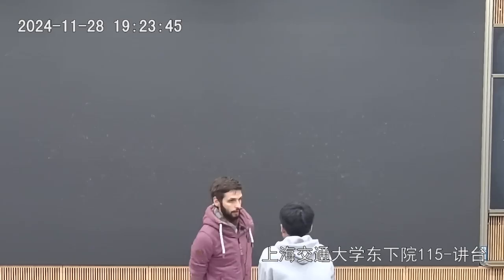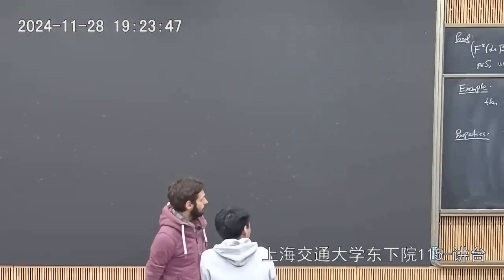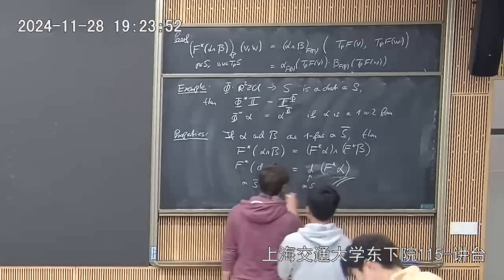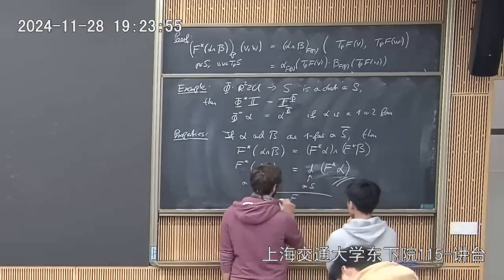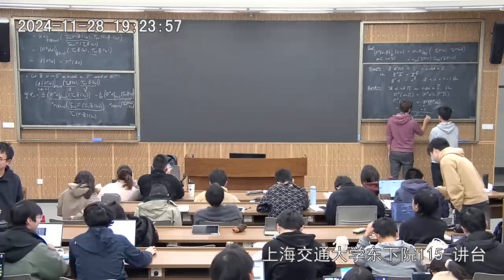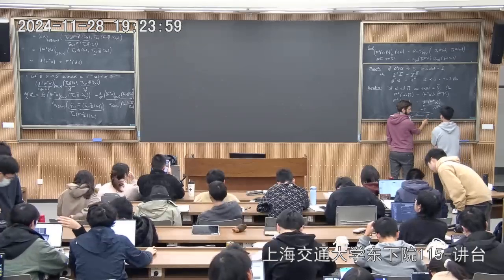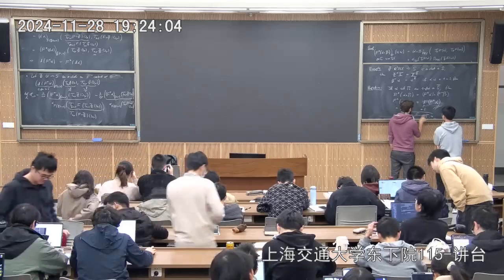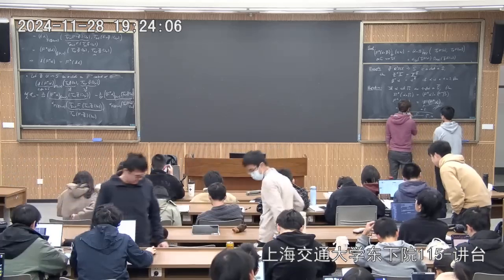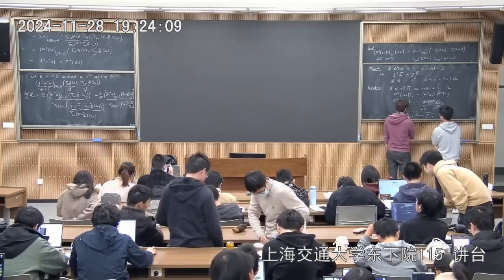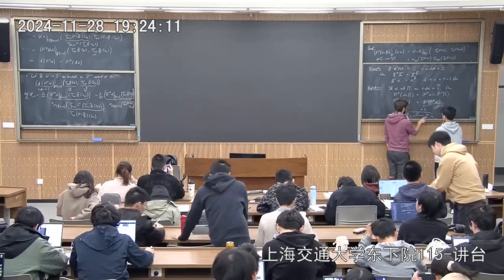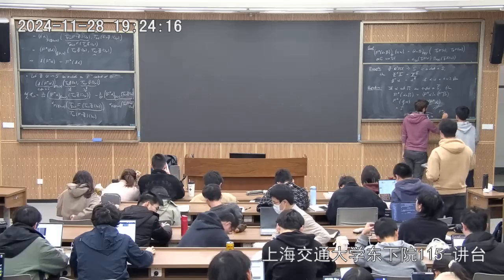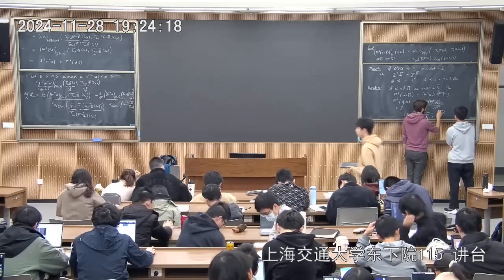It means pullback. So if you have F as a map from S to S bar, and you have alpha, which is a one form on S bar, then there's a way to get back a one form on S. The way it is defined is that we have the pullback of alpha.